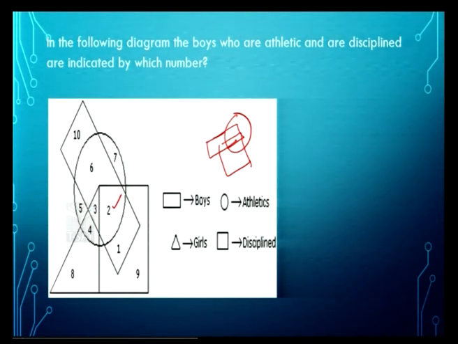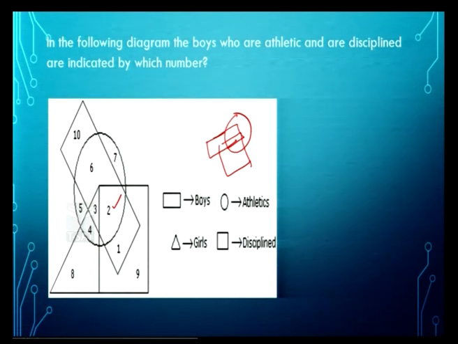If you take 3, it is in the triangle, but a triangle does not necessarily mean girls, so 3 is ruled out. 7 is in the circle and the rectangle, but not in the square. 6 is in the rectangle and circle, but not in the square, and 10 is only in the rectangle. So it is very clear that 2 is the answer.